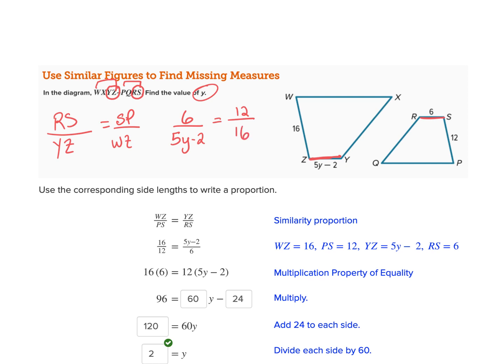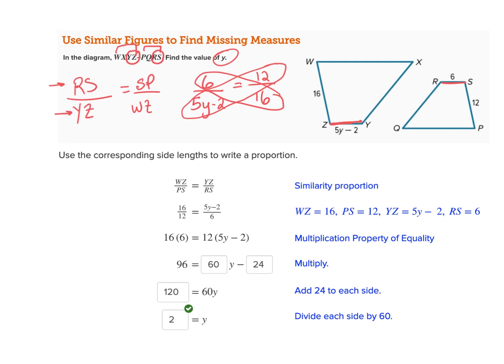Also, keep in mind, the letters from the same figure match horizontally. So all of my side lengths from the smaller quadrilateral were on top and the bigger one on the bottom. If you intermix them, putting the big one on top and the smaller on the bottom, that also works. So that's totally fine. To solve this, we are going to cross multiply.